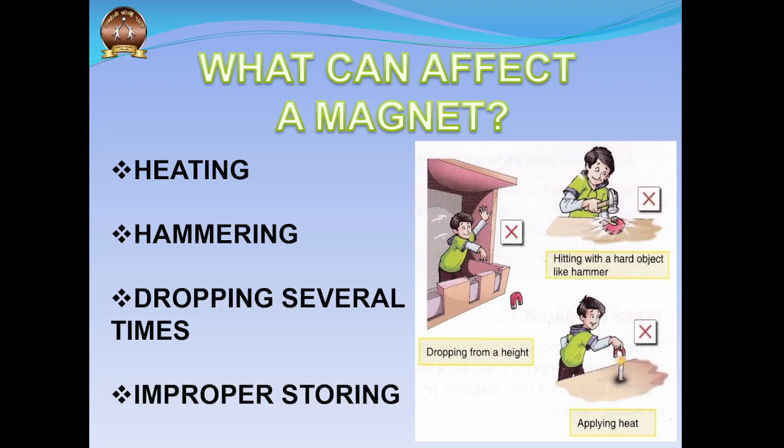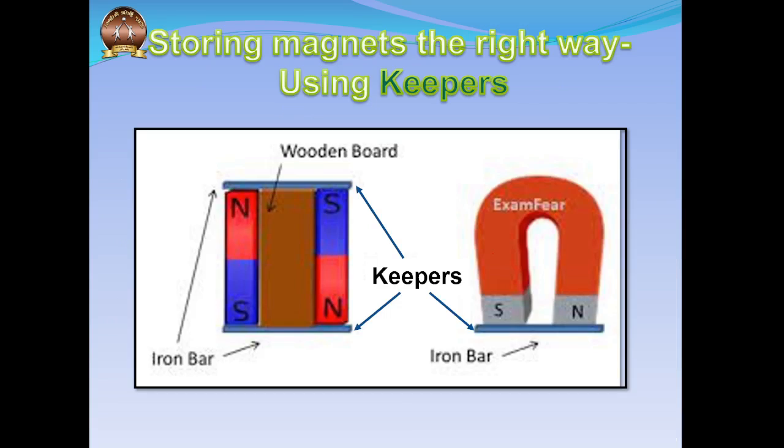That is, the magnet can become less magnetic if you heat it, or it can completely lose its magnetism if you heat it, or if you exert force on it, like by hammering it, or by storing it improperly. So, what is the right way to store a magnet? Magnets are stored using keepers. So, what are keepers?